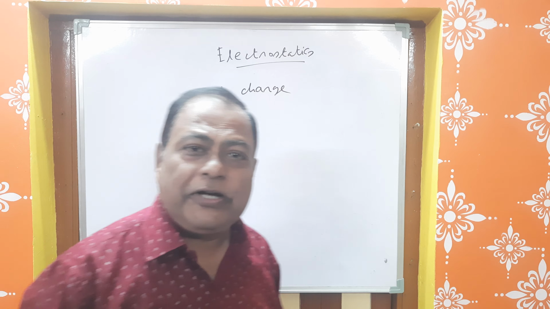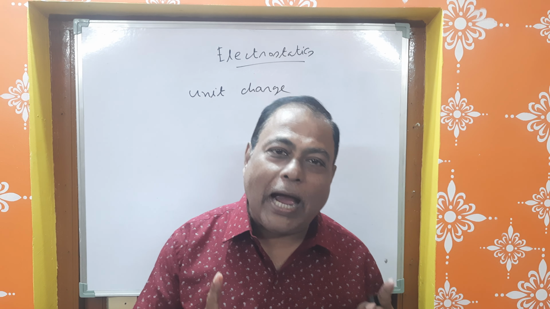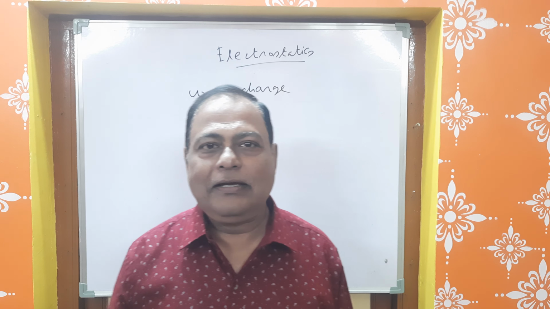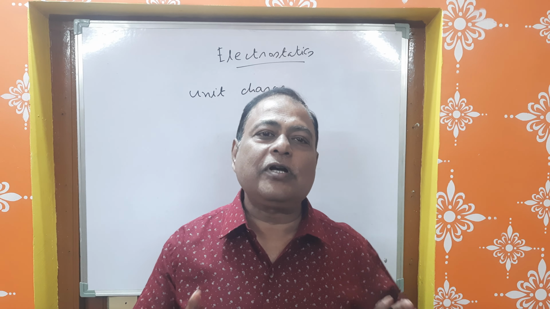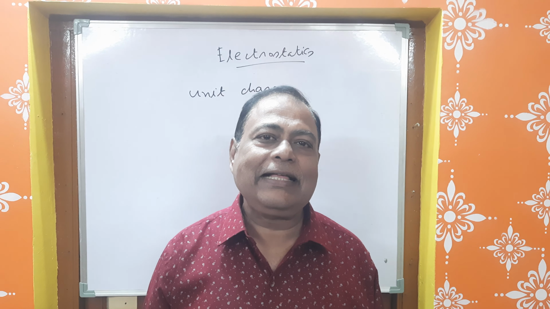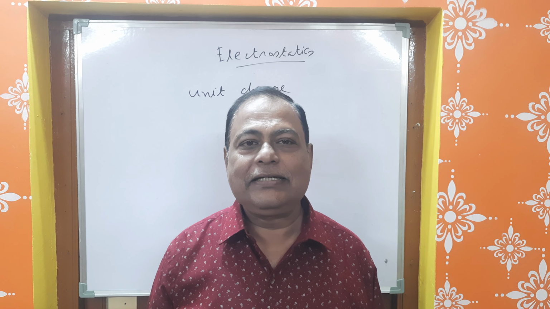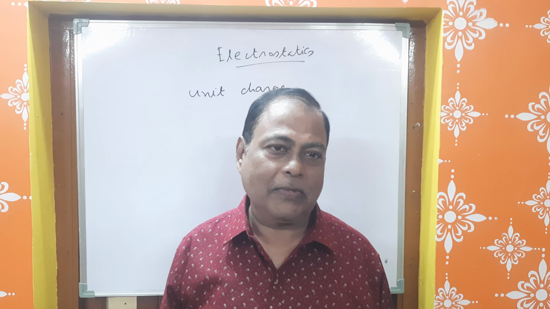What is the definition of unit charge? Two identical charges placed at a distance of 1 meter in air, and if the force between them is 9 into 10 to the power 9 Newton, then the charges are said to be unit charge. I also explained everything in detail in my last lecture. You can follow it.